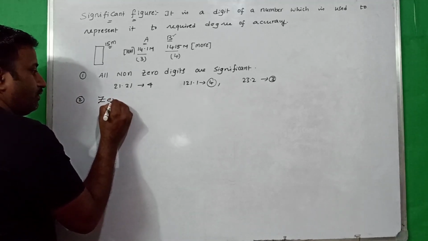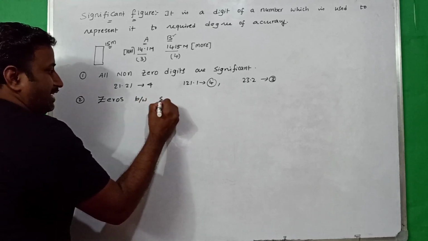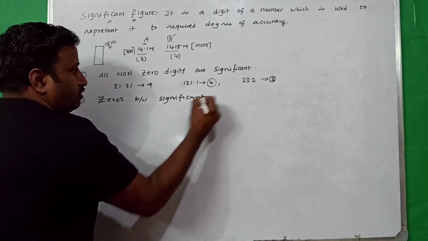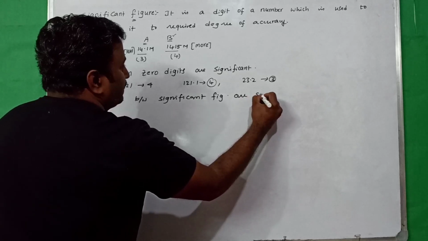Second rule: zeros between significant figures are significant.